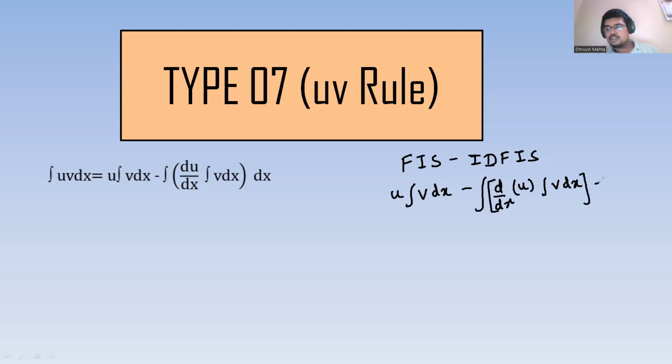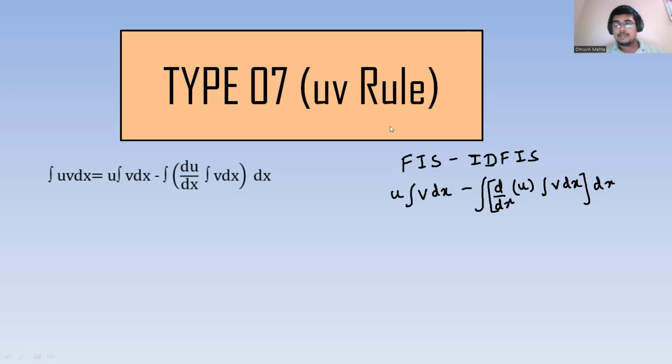Check this, guys. Are you following this? It's first term integration of second term minus integration of derivative of first term integration of second term. Are you following this, Muskan, Trisha? Yes, sir.